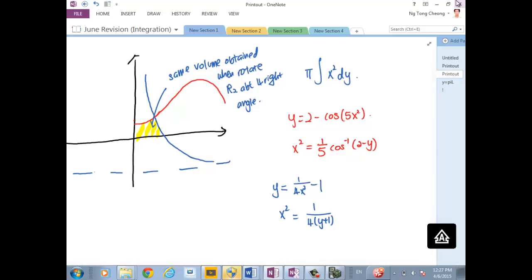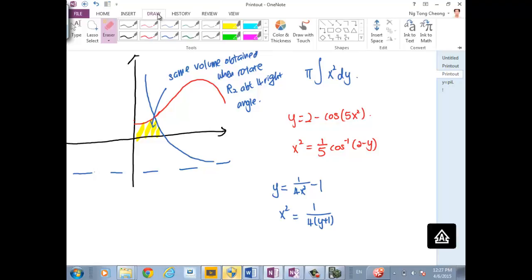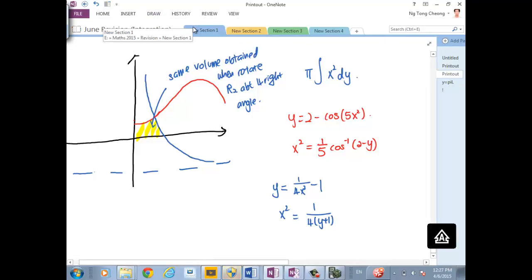Then the next thing that I'm going to do is look for the volume. Again, like how I looked for the volume when I rotated about my x-axis, I'm going to do the same thing: I will find the intersection, then I will draw a line, but this time to my y-axis. So I will draw a line horizontally to my y-axis.